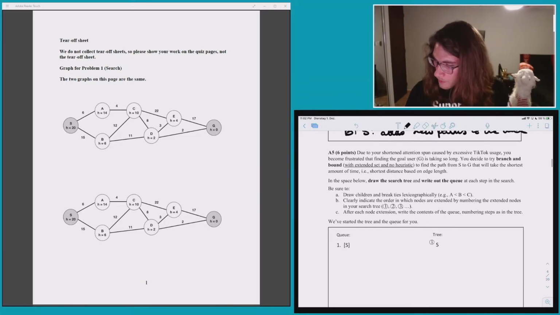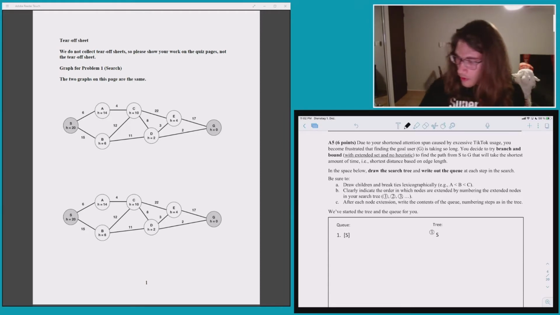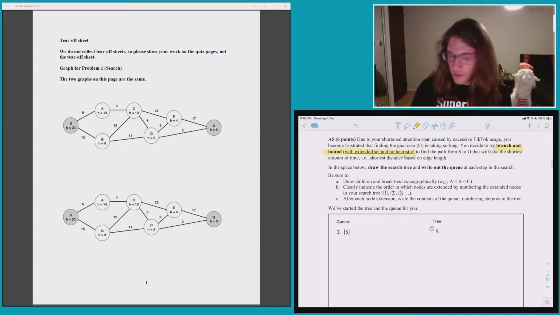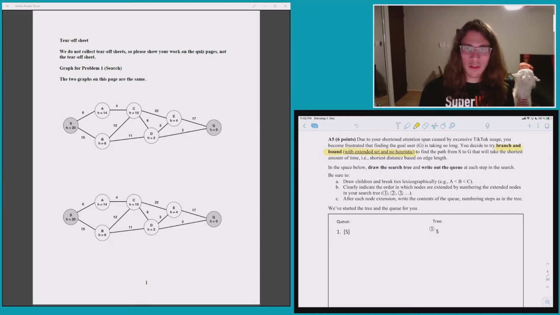And now comes an example of optimal search. So now we're asked to perform branch and bound with extended set and no heuristic on the graph. And we're also asked to keep track of the queue, and I'll have to obviously keep track of the extended set.